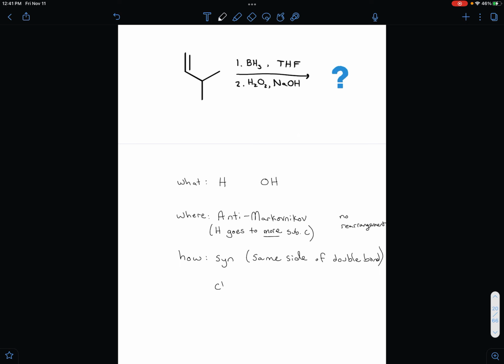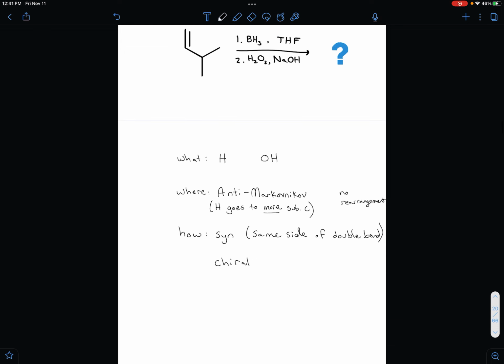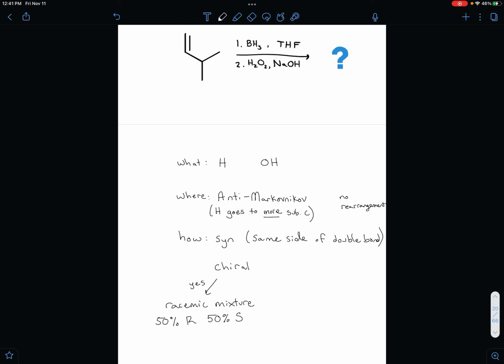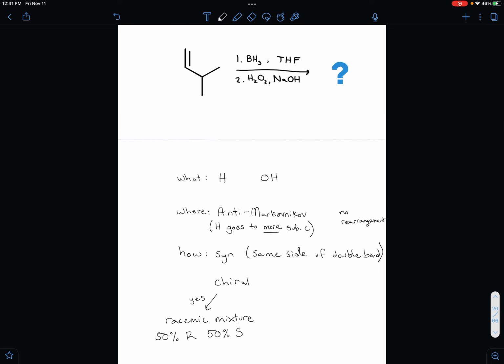The other thing you want to think about with how is the chiral center again. So if you have a chiral center, you're going to get a racemic mixture of the two enantiomers. So that's going to be a 50-50 mixture of the R and the S enantiomers. And that's happening because these double bonds are flat, and so this reaction can happen with equal likelihood on either side of that double bond.